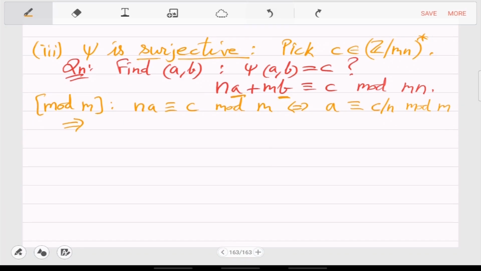NA, MB is C minus NA, which is the one that you found above.